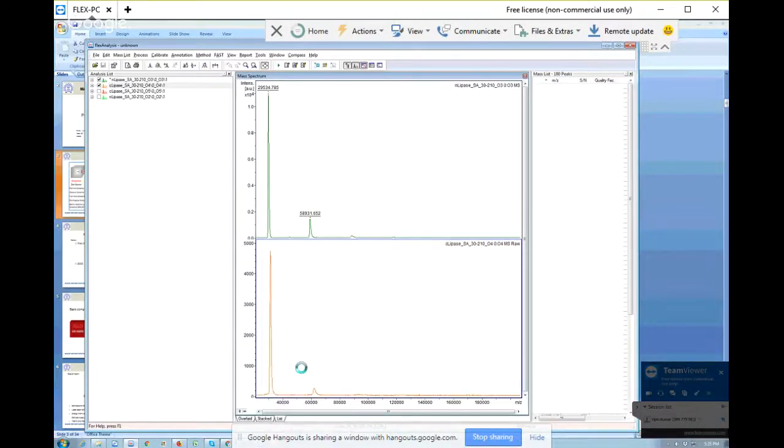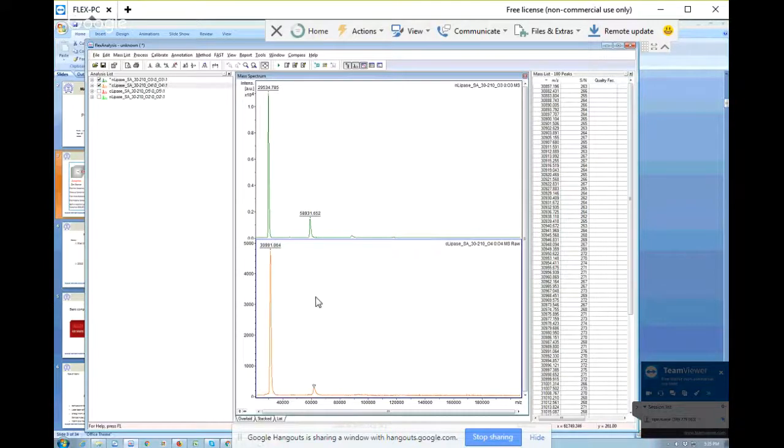So in this particular experiment, we had a user coming in with a normal protein and a modified form of the same protein that was being done in the lab. So in the above screen, we have the normal protein, while the lower spectrum is for the modified protein.